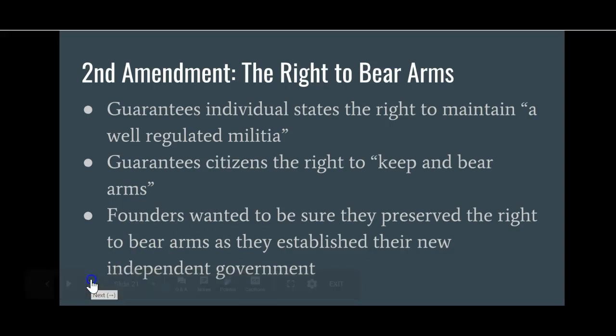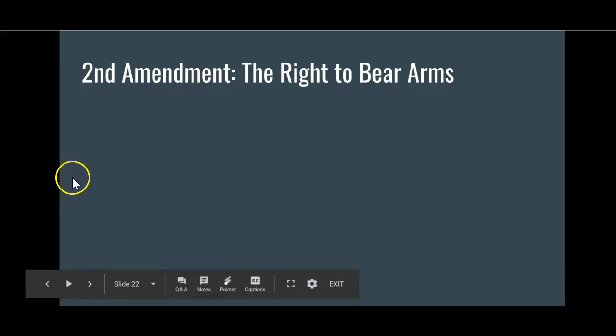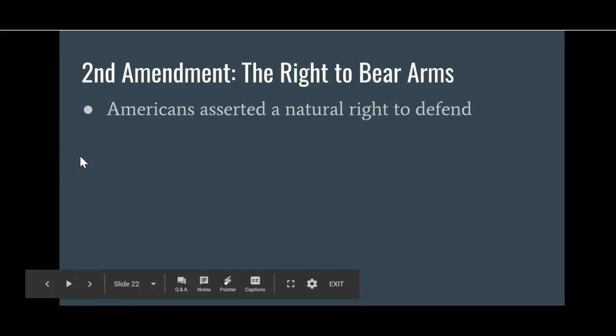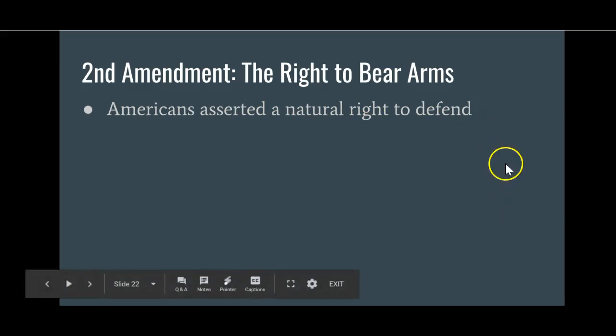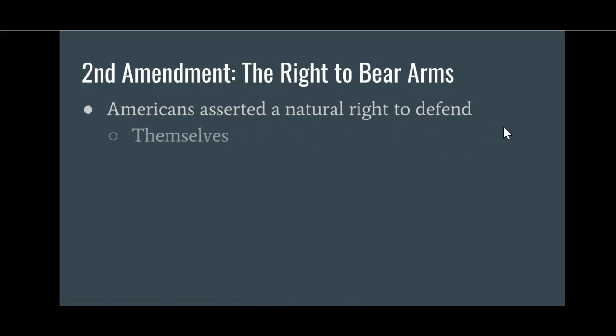Okay, continuing with the Second Amendment, this note says that Americans asserted, so they had this idea and they carried out the idea of, a natural right to defend. I'm going to give you a list of things that the Second Amendment says we have the right to defend. The first one is ourselves.